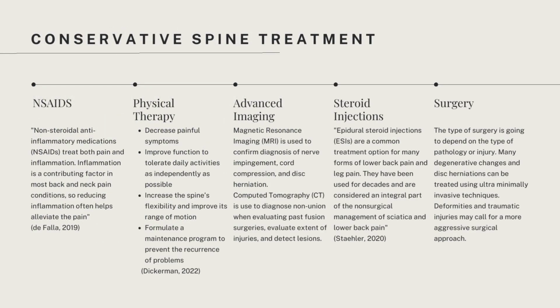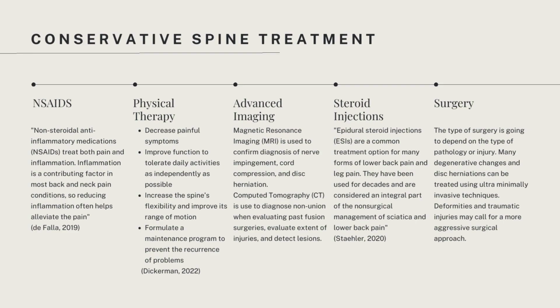So when taking the less is more approach to spine care, we are looking at treating pathologies as conservatively as possible. To do this, we're going to start with medication treatment using NSAID medications. NSAID medications are medications such as ibuprofen, Advil, Motrin, and some of the prescription medications such as meloxicam or Celebrex.